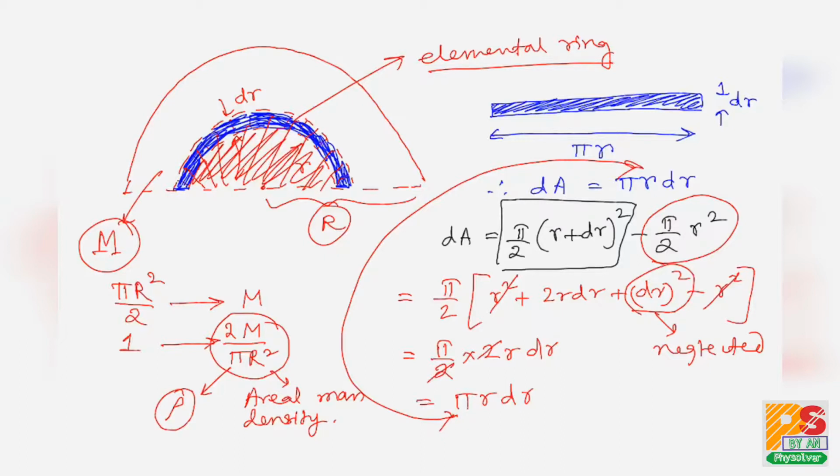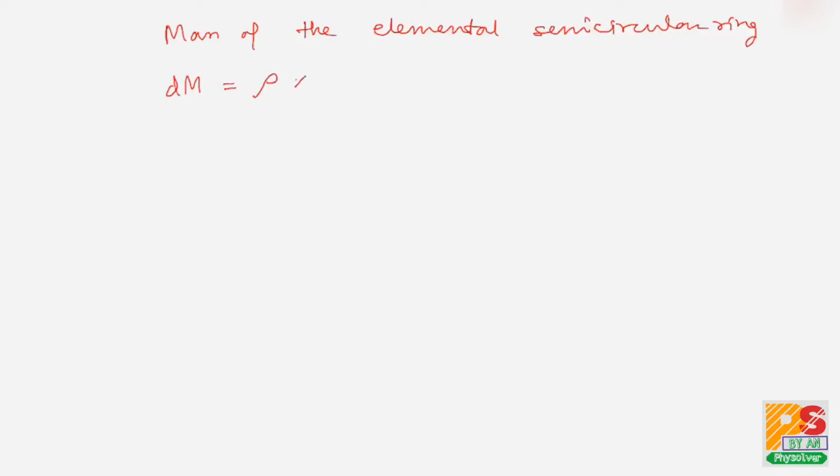Therefore the area of the elemental ring is pi r dr. Therefore the mass of the elemental semicircular ring will be dm equals areal mass density into area of that ring, which is rho into pi r dr. So this is dm.